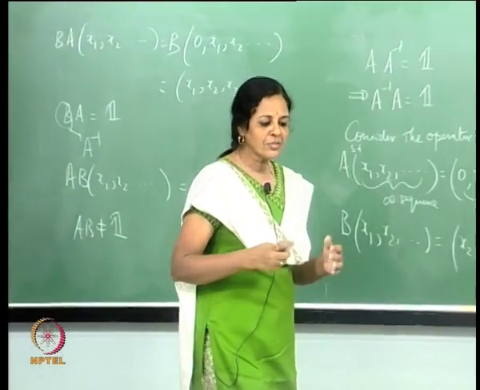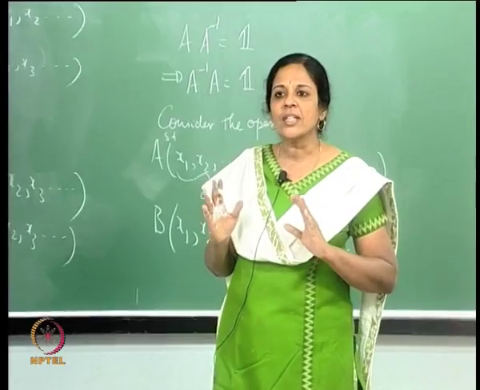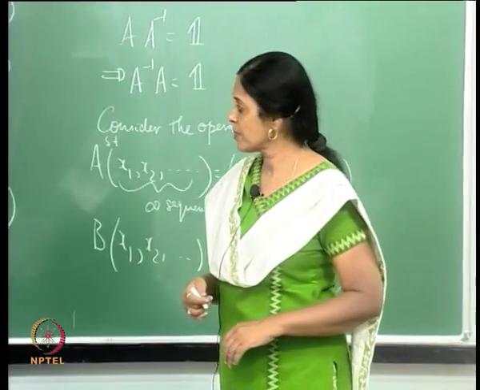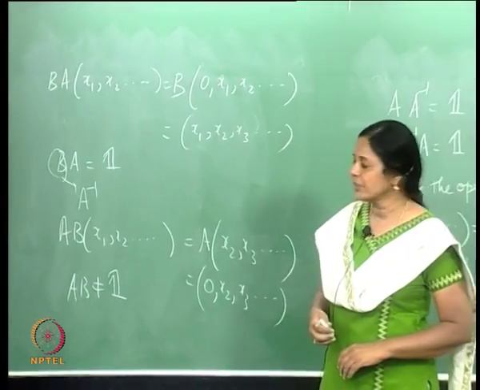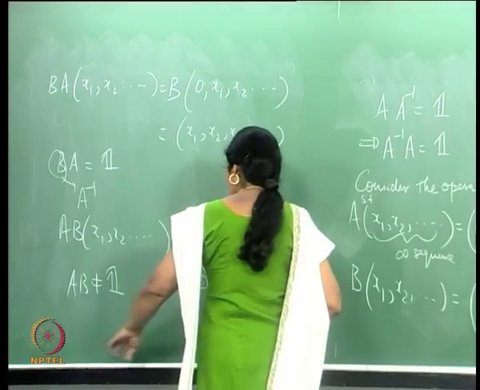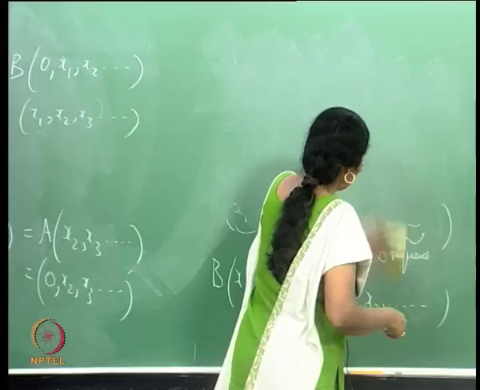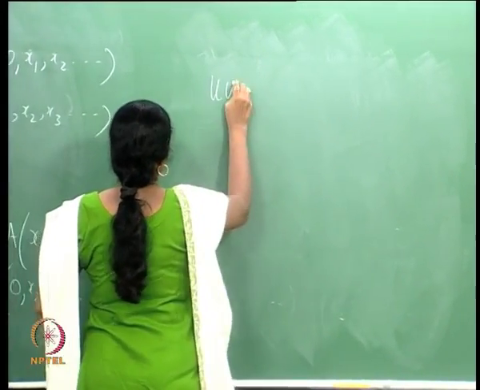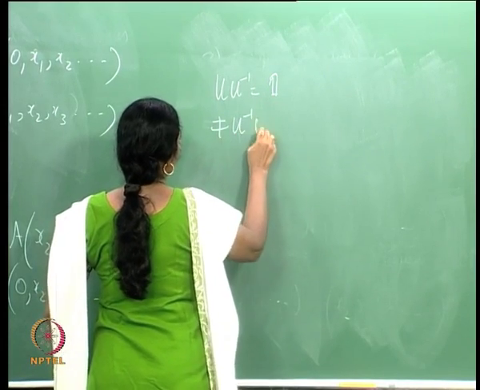This is just one of the several aspects which are different between infinite dimensional and finite dimensional linear vector spaces. The fact that there is a unitary operator U which satisfies U U inverse equals identity does not imply that U inverse U is identity.